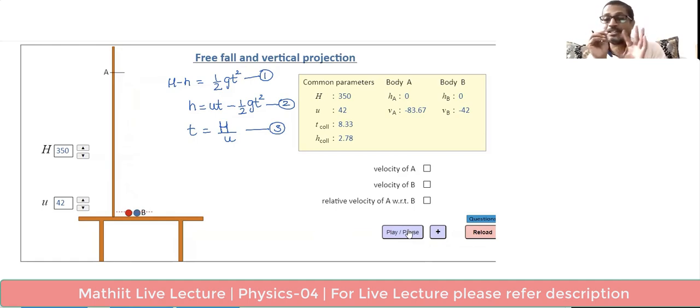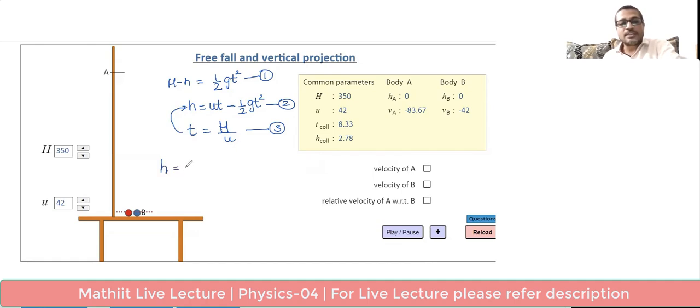If that minimum velocity is not given, then A will not be able to catch up with B before B reaches the ground. You know what is the next interesting thing? To find out what that minimum velocity is. And how do we do that? For that, let us put T back in this equation and see what we get.